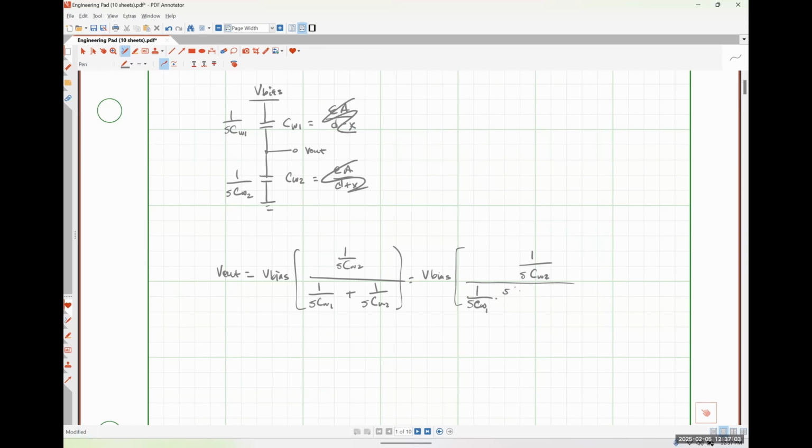So I'm going to multiply this guy by S CW2 over S CW2. I'm going to multiply the other guy by S CW1 over S CW1.